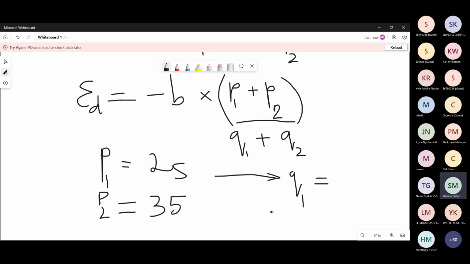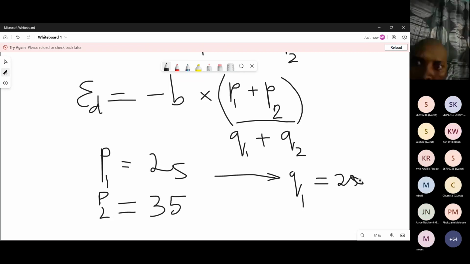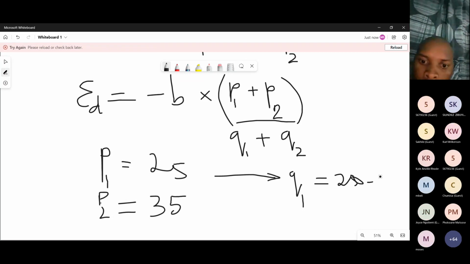Okay, what is Q1, please? It's 125. Yes, we go back to the equation of the demand, right? If we fix the price at 25, what will be the demand? You have 250 minus 5 times 25, right?